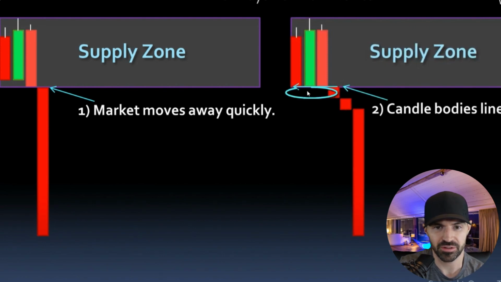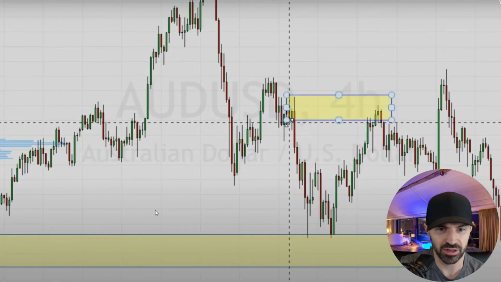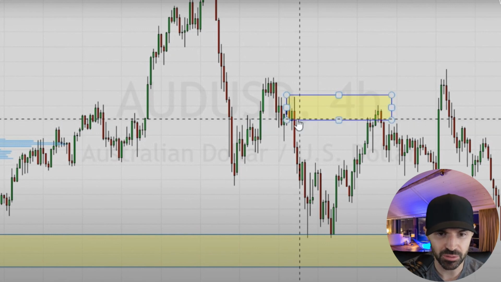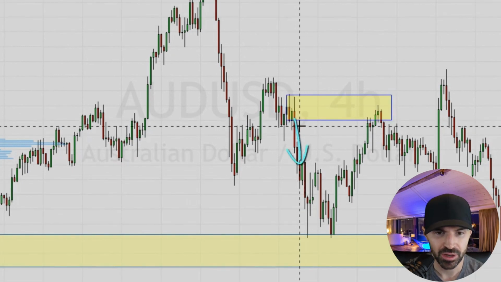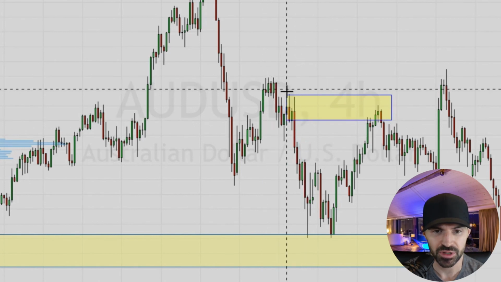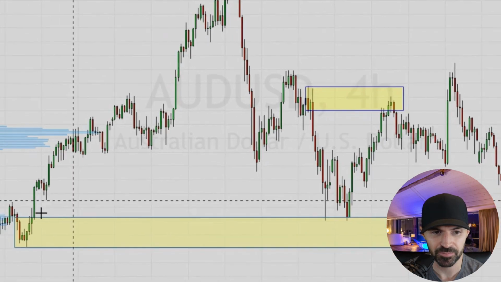And again, it's showing you in this example here, the bodies of the candles, the highest wicks, supply zone, and then you see where the impulse move starts. So this is just an idea here on the charts. So you can see I'm using the bodies of the candles and just where the impulse starts. And again, I'm using the top where the wicks top out.